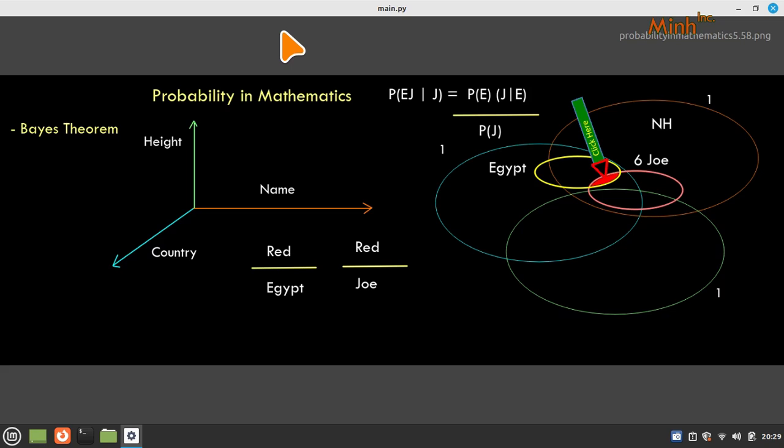This is called two orthogonal items. Orthogonal in the sense that country is in the country plane and Joe is in the name plane. If I know this intersection with respect to an item in the country plane, what would be the probability of this intersection in the context of a particular name in the name plane? That is Bayes theorem.